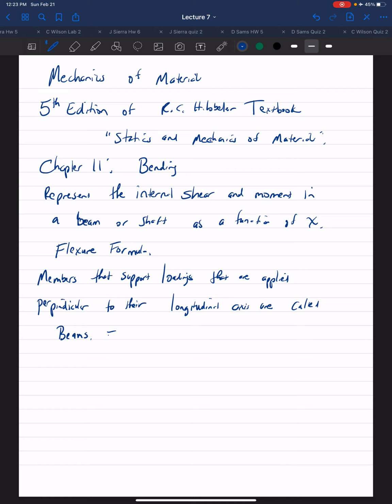And typically these beams are long straight bars having a constant cross-sectional area.